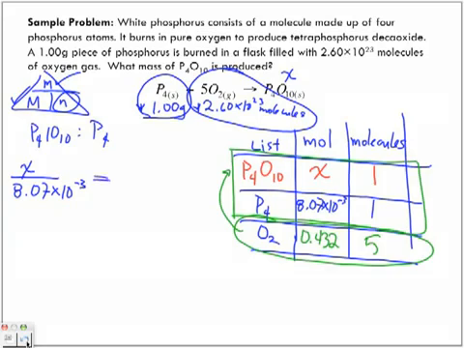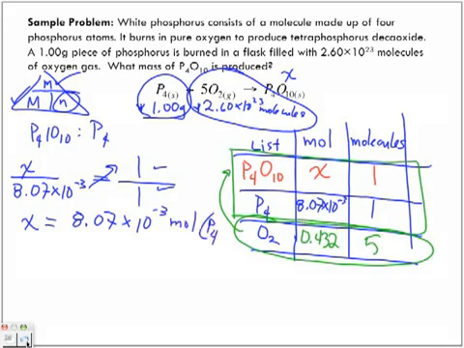We have 1 molecule of the tetraphosphorus decoxide over 1 molecule of the phosphorus. So we just cross multiply, and because we have 1 over 1, X is just equal to 8.07 times 10 to the power of negative 3 moles of P4O10.